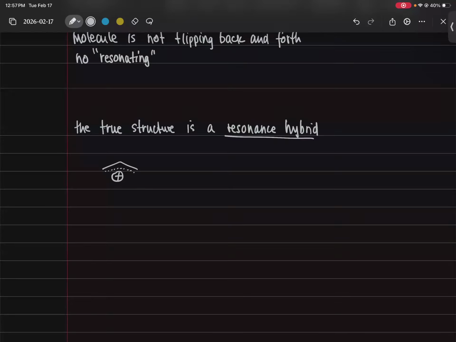So in the structure, the pi electrons are split between the three carbon atoms. And this is just what I said, sorry. And the positive charge is really over the entire ion.